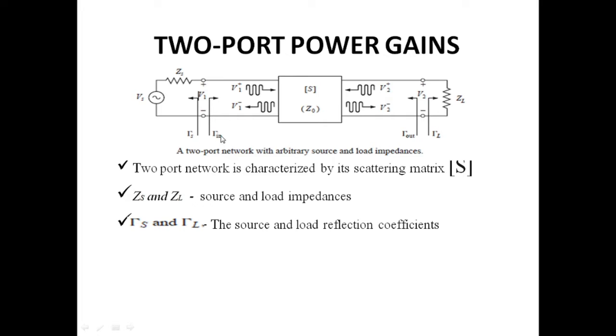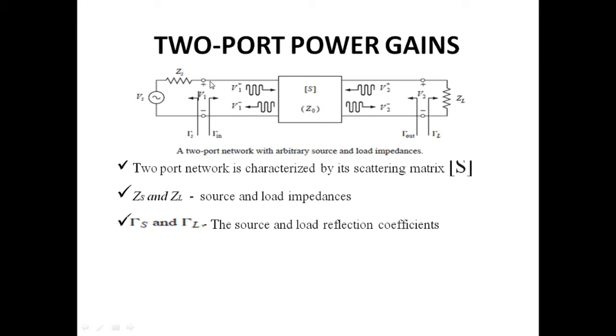Gamma S and gamma IN represent the reflection coefficient towards the source side as well as the input side of the network. Similarly, gamma OUT and gamma L represent the reflection coefficient in the output side of the network as well as towards the load side. So these are some specific content you should remember to attend the MCQ question.